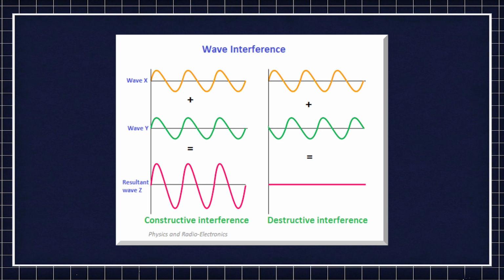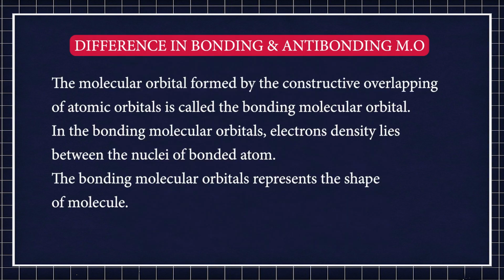Qualitatively, the formation of molecular orbitals can be understood in terms of the constructive or destructive interference of the electron waves of the combining atoms. In the formation of bonding molecular orbital, the two electron waves of the bonding atoms reinforce each other due to constructive interference, while in the formation of anti-bonding molecular orbital, the electron waves cancel each other due to destructive interference.